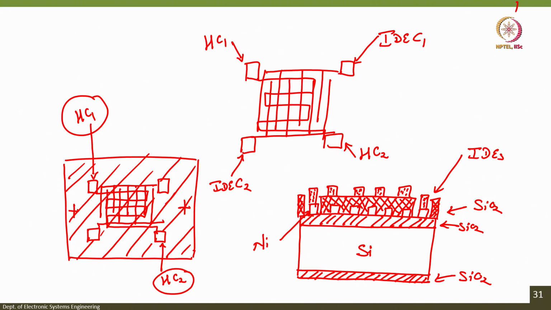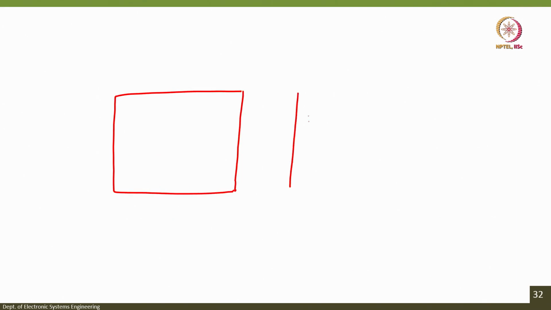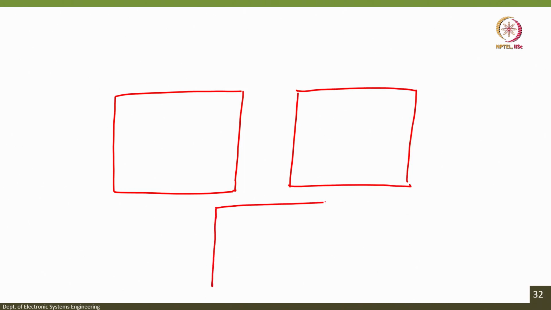So, for that, if you see, until now whatever mask we were drawing, we always had an alignment mark on the mask. Let us say this is the first alignment mark, this is the second alignment mark, this is the third alignment mark.